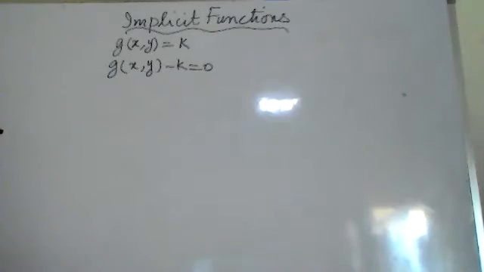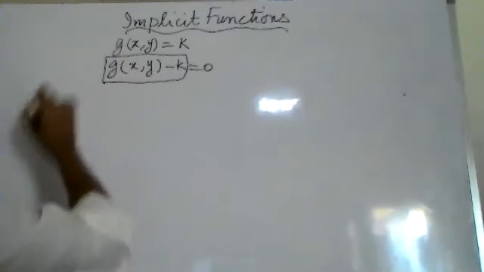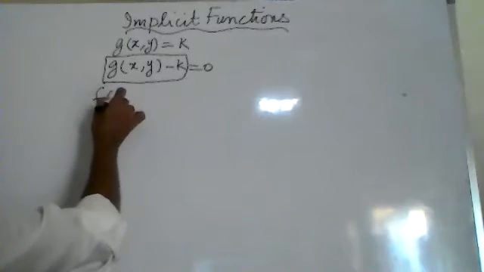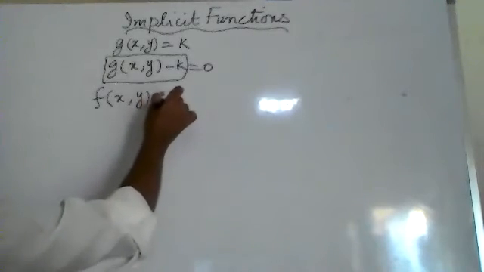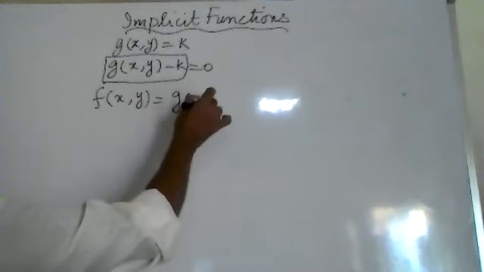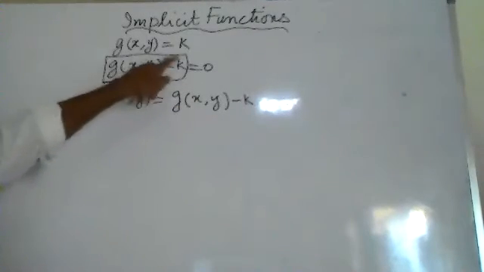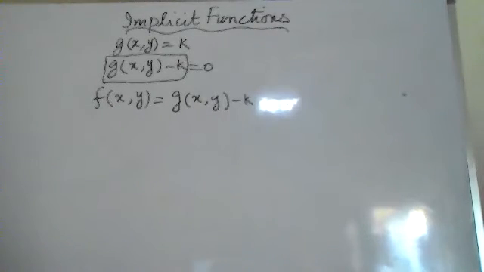That will be considered as a function of another function, f of x y, that is equal to g of x y minus k. The whole will be considered as a function of x and y, f of x and y.